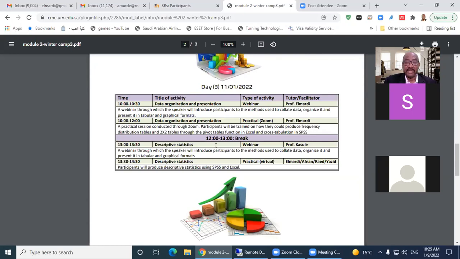Professor Kasuli will have his own research clinic. And for this particular module, we will have a data analysis clinic, including Ustaz Hassan, myself, Afnan, Raid, and Yazid. If you come to the lab and you have any problem, you can contact us and we can come and help you with that.